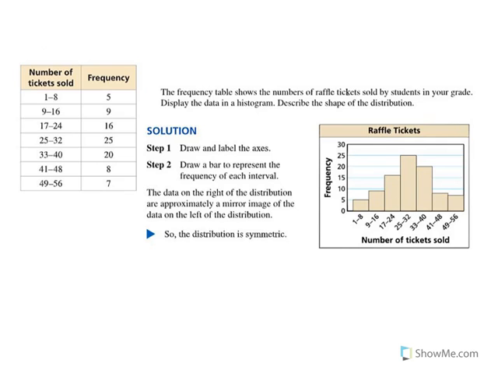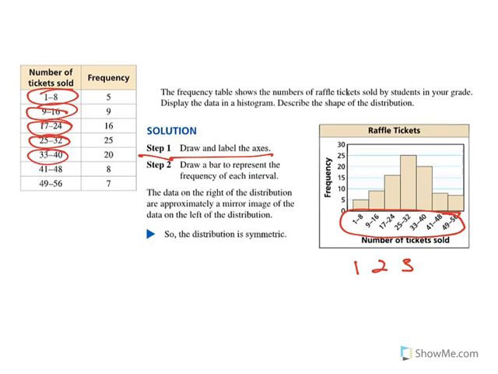So first, to make your histogram, step 1, you need to draw and label the axes. Okay? So in one of the assignments, Wednesday's assignment, the axes are given to you. But the important thing here is these intervals down here. Notice our x-axis doesn't just go 1, 2, 3, etc. It uses our intervals. So each x here would be one of our intervals.